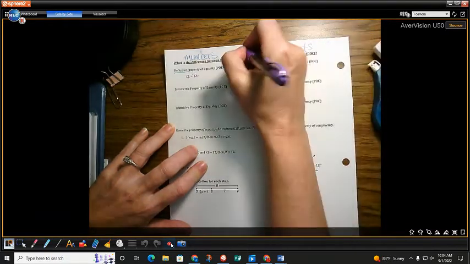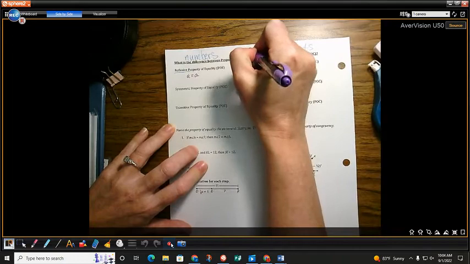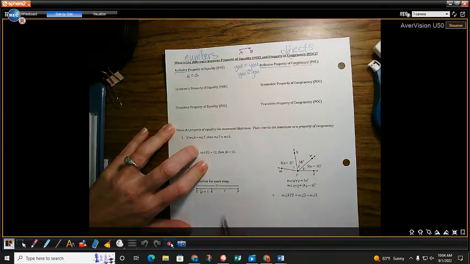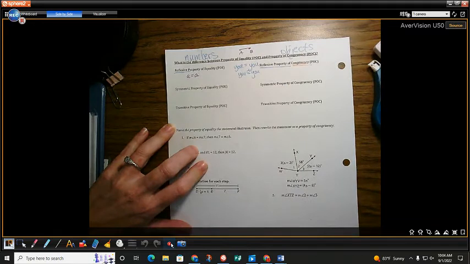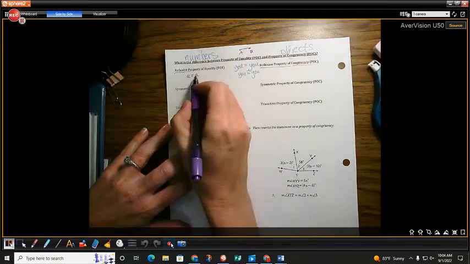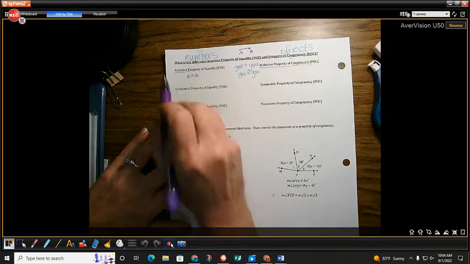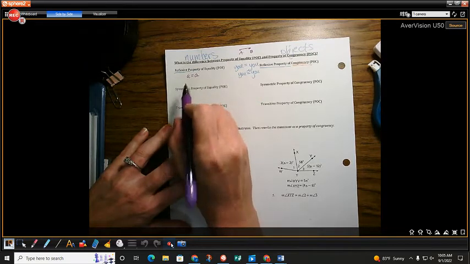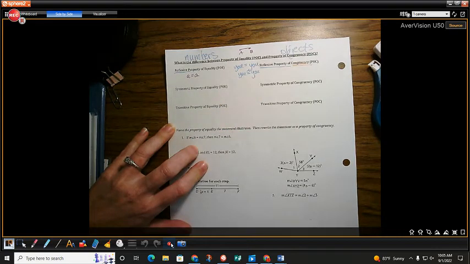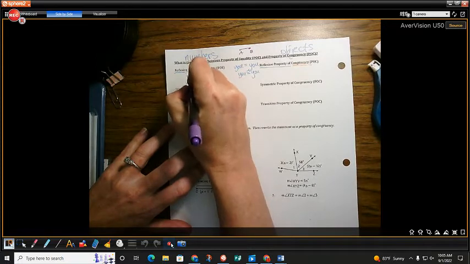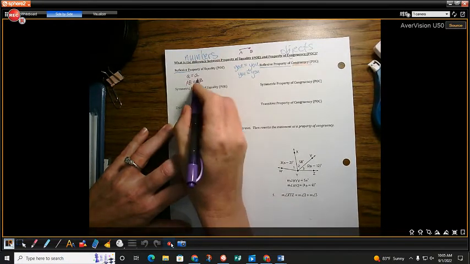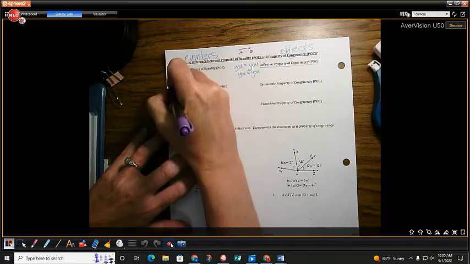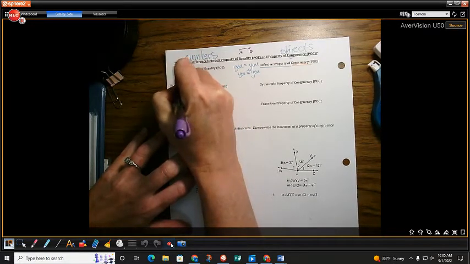If I had segment AB, could I put segment AB equals segment AB here? No, because this is only numbers. How do I show the length of AB? Because length is a number. Just do AB. I could say AB equals AB, because when you don't put the bar, you are talking about the length. And length is a number.